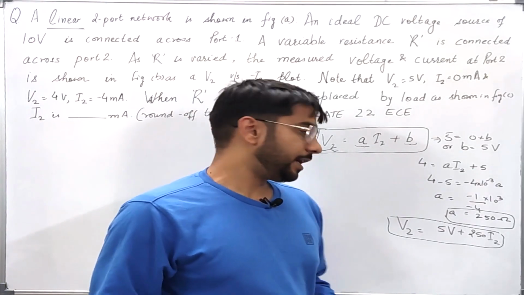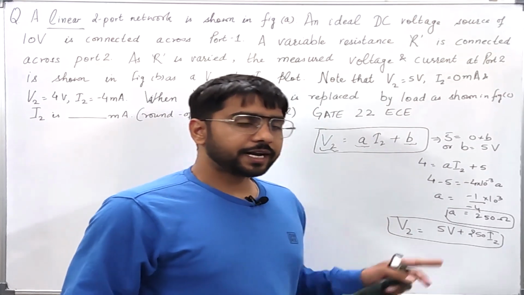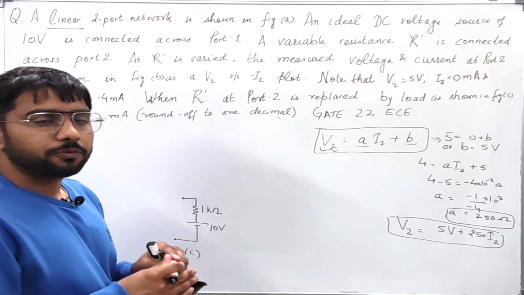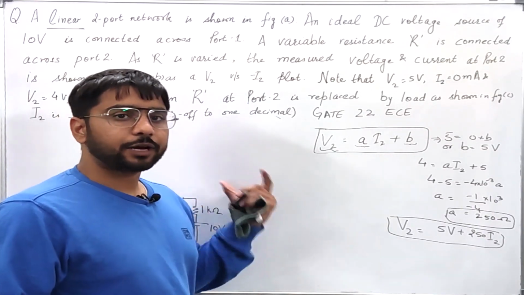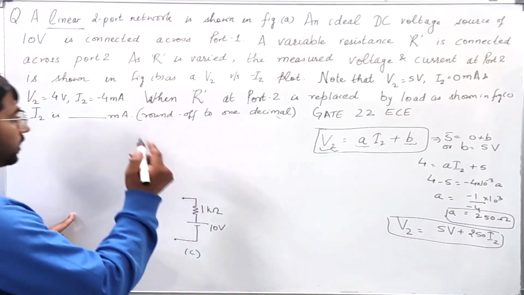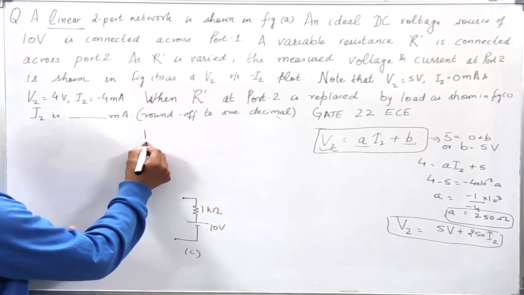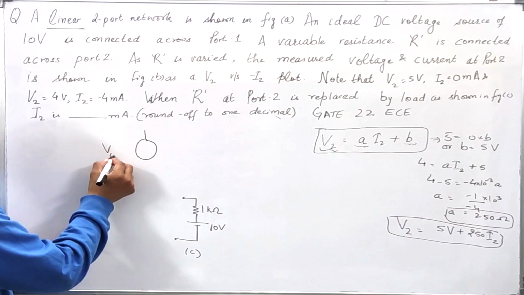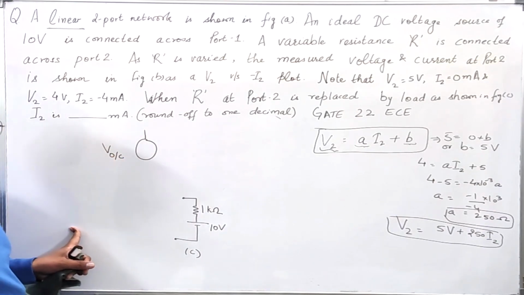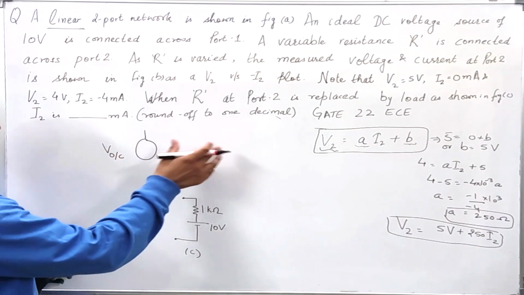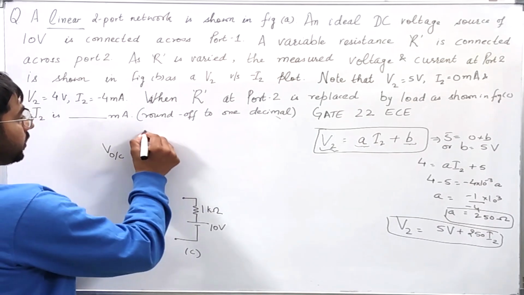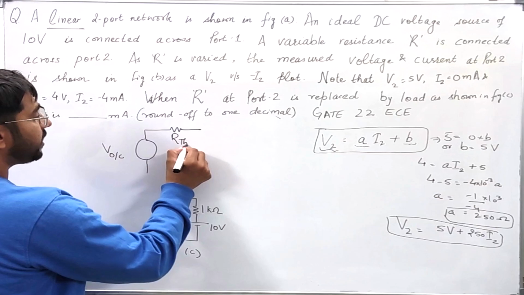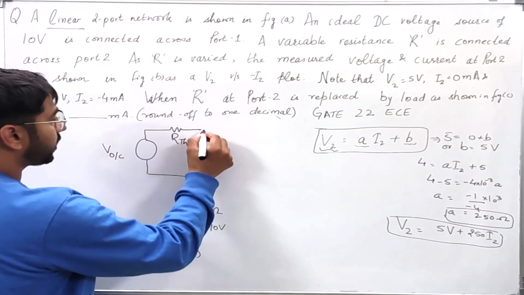In the previous slide we have reached up to this point. Now let us replace the given linear network with its equivalent Thevenin network. The equivalent Thevenin network will have a voltage source whose value is equal to the open circuit voltage between the points, and a resistance which is equal to the Thevenin resistance of the linear network.